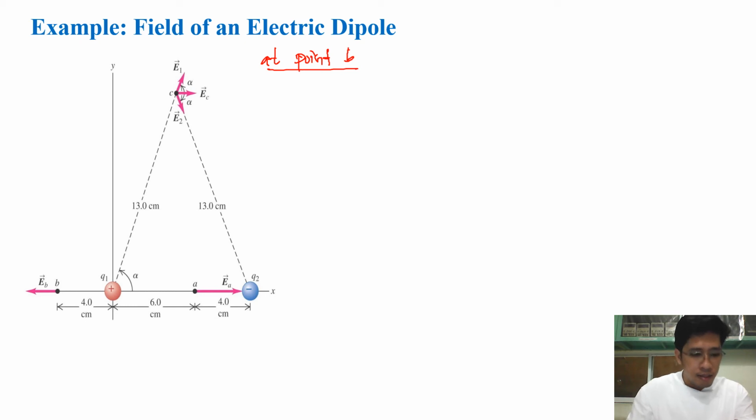Okay, so let's first find the field caused by Q1. So you have your E1 on B. This is your K times Q over R squared.